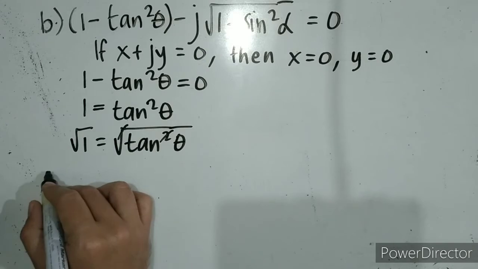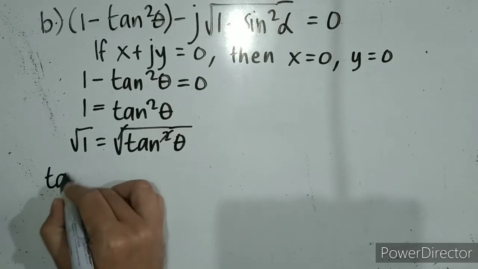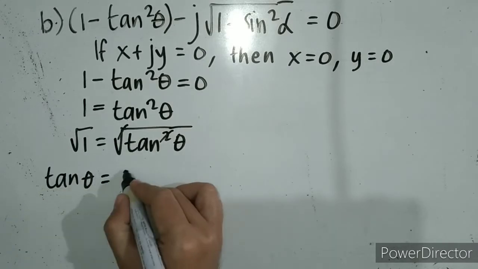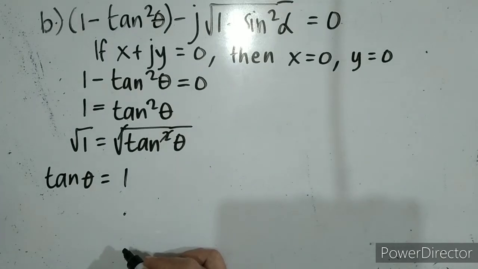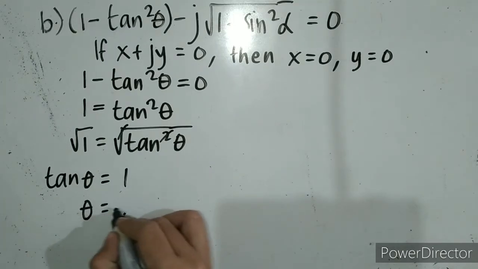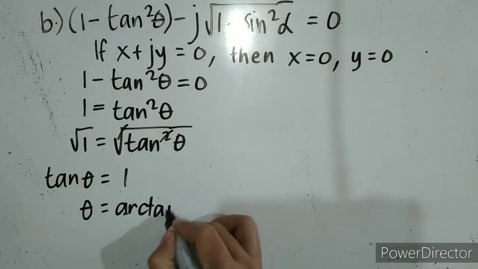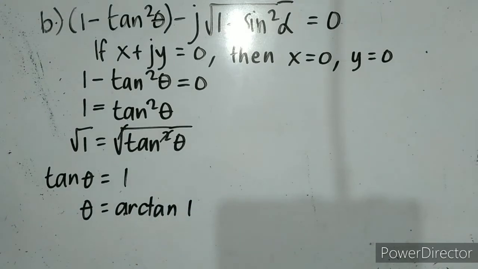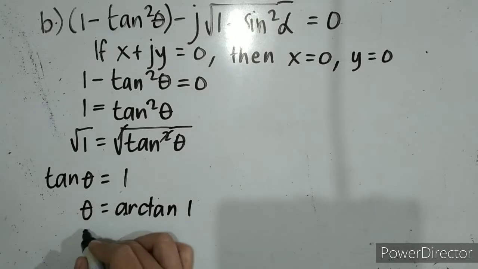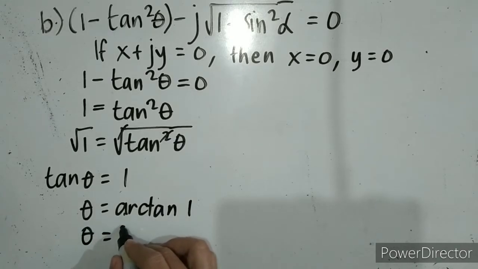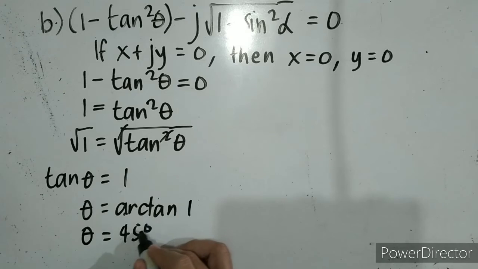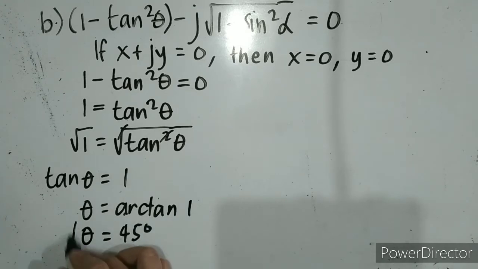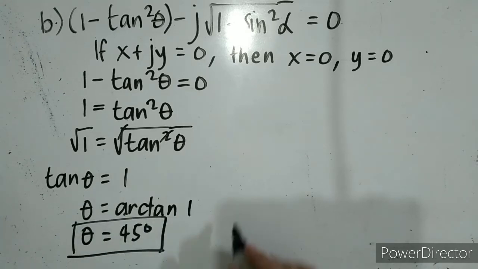Tangent theta equals 1. Theta therefore is equal to arc tangent of 1, and you may use your calculator to obtain that. It is simply equal to 45 degrees. So this is the value for our theta.